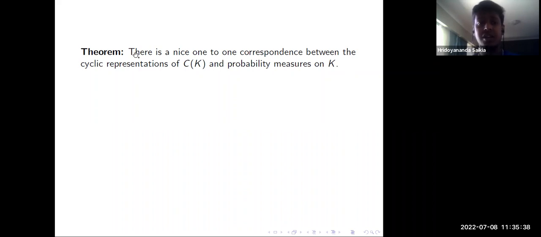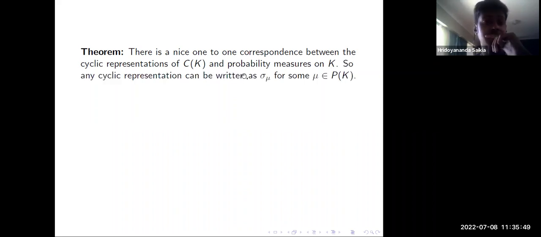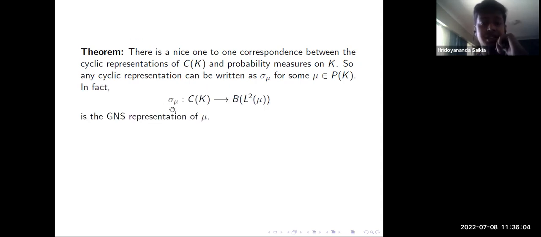Now, cyclic representations of commutative C star algebras are very nice actually. How is that? There is a very nice one-to-one correspondence between cyclic representations of C of K and the probability measures on K. That means every cyclic representation of C of K can be written as sigma mu for some probability measure mu. Actually, this sigma mu is nothing but the GNS representation of the state mu.